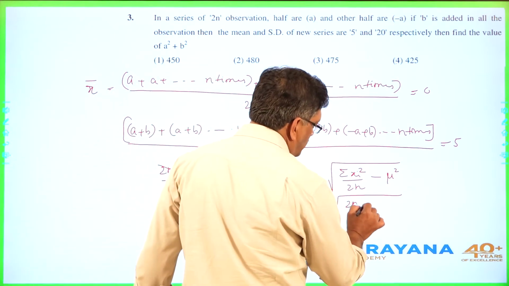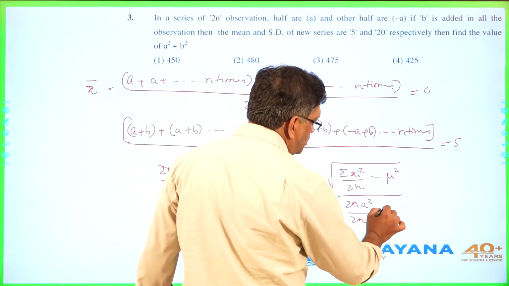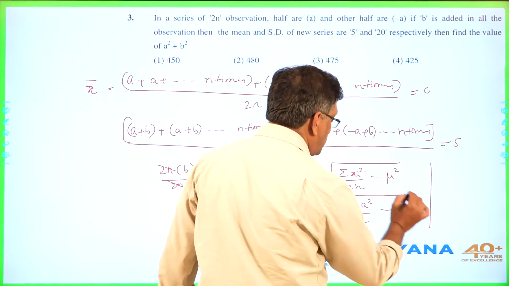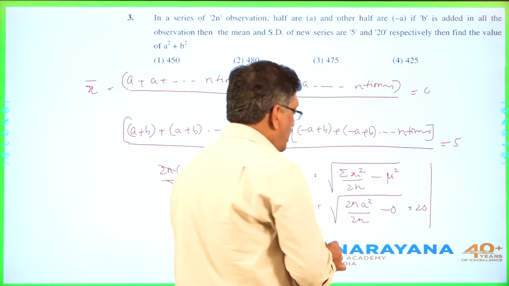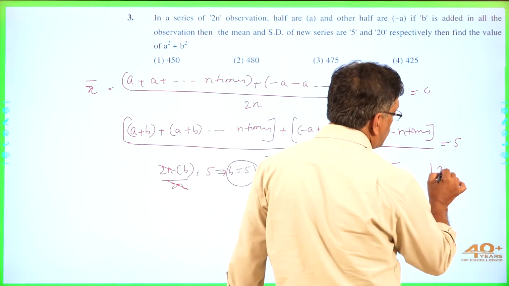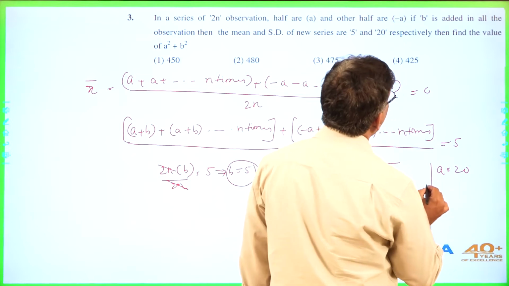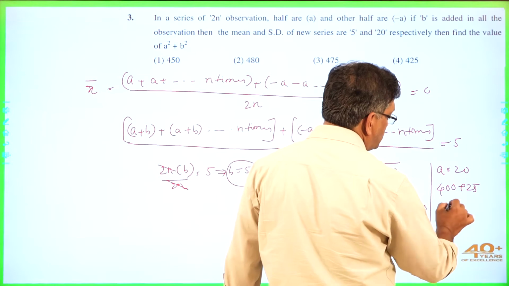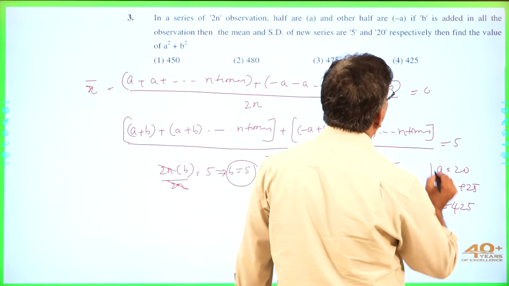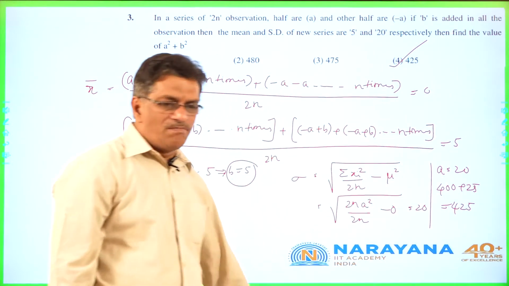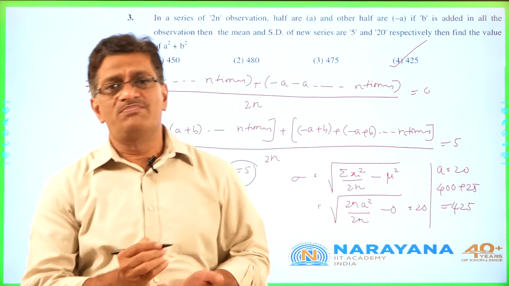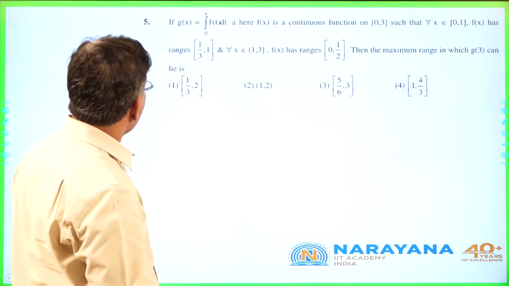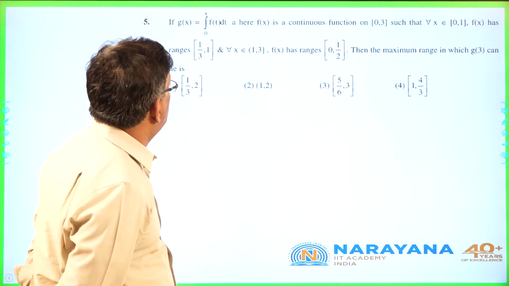It is 2n times a square by 2n minus 0. He has given this as 20. That means root of a square, a equals 20. So he is asking a square plus b square, that is 400 plus 25, which is 425. Simple problems in general they are asking from statistics. So let us go to the next one quickly. Yeah, g of x is equal to so and so.